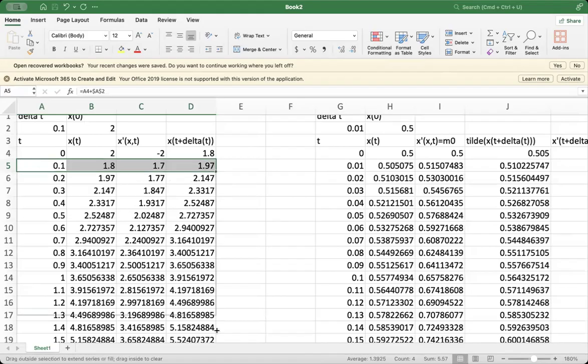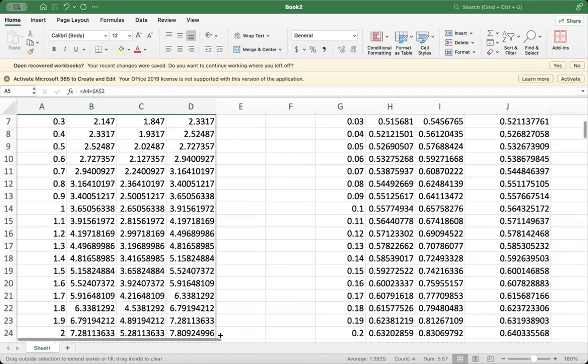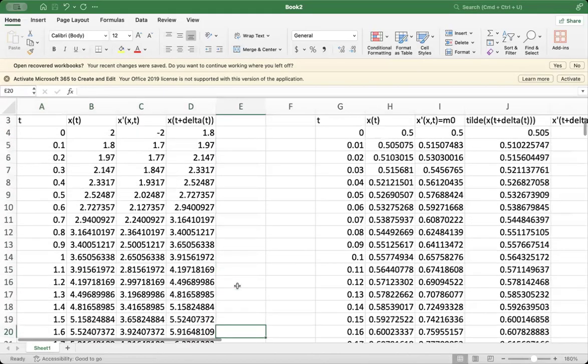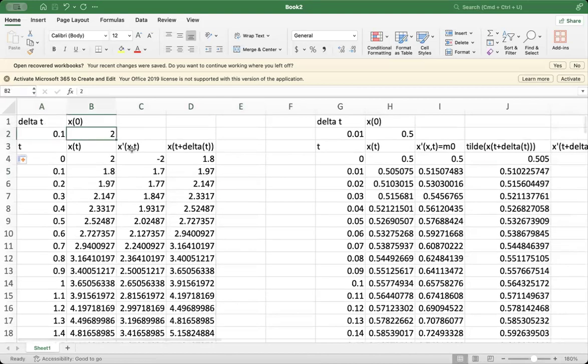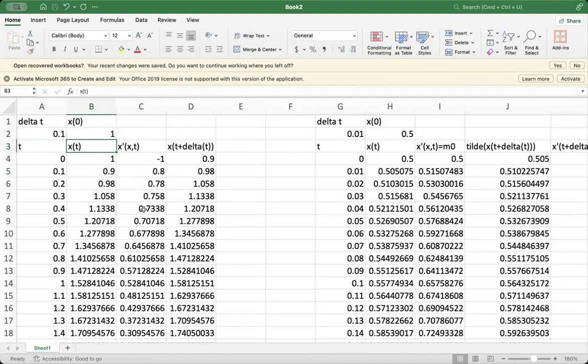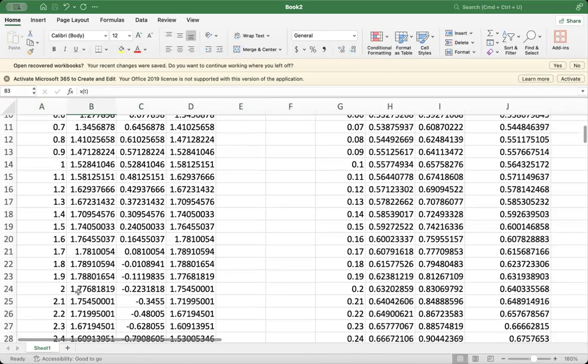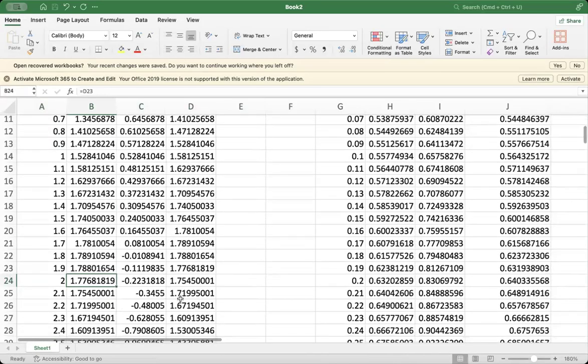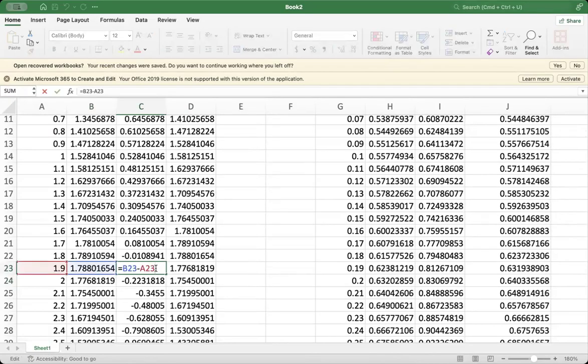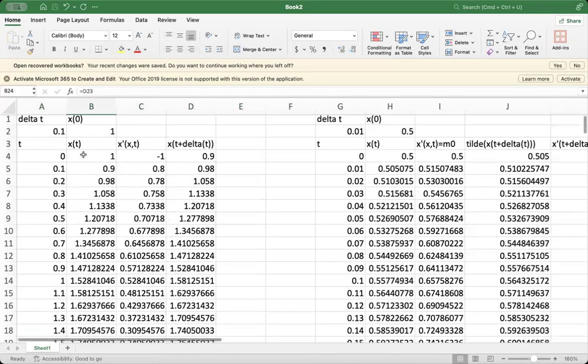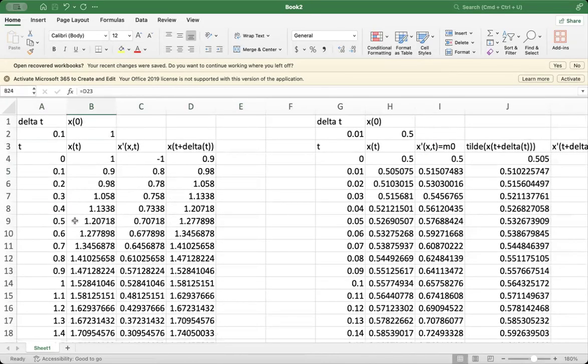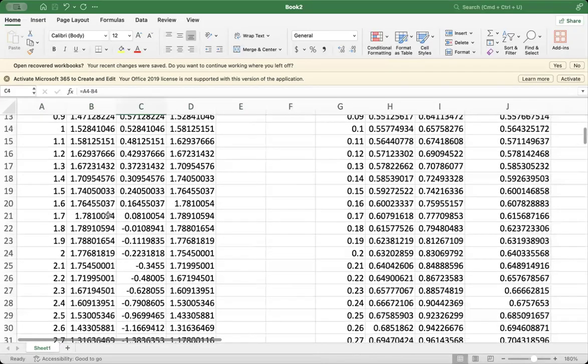And if I follow this down, oh, my initial condition is not good. Like that one. And at 2, I get 1.77. So it gets 1.77 when I do a delta t of 0.1 for that differential equation with initial condition.